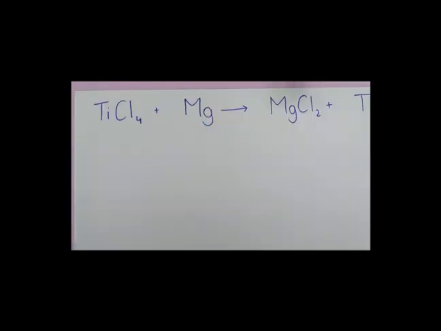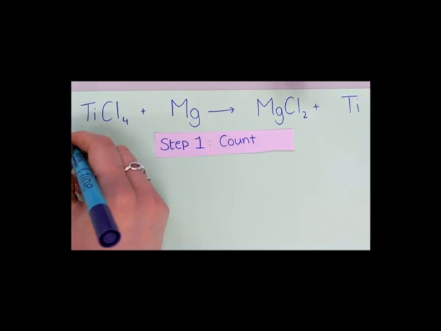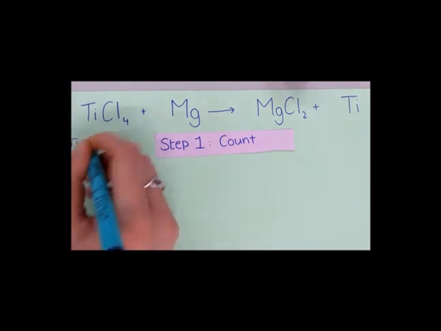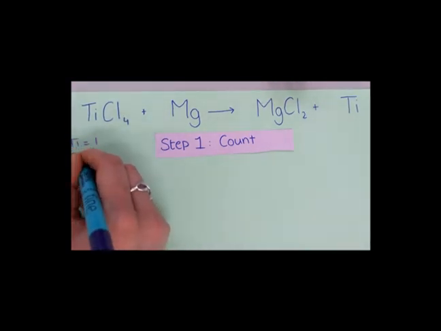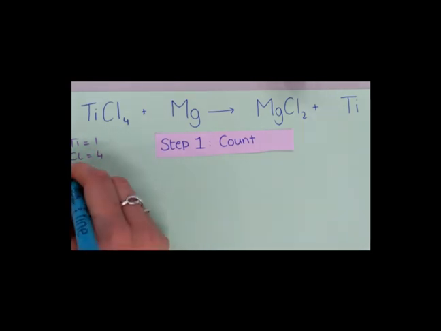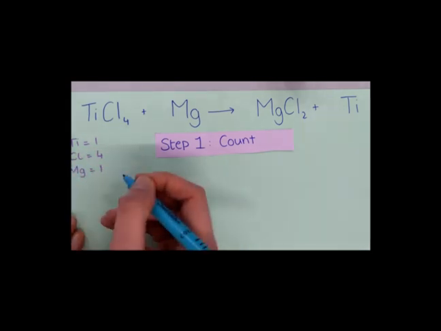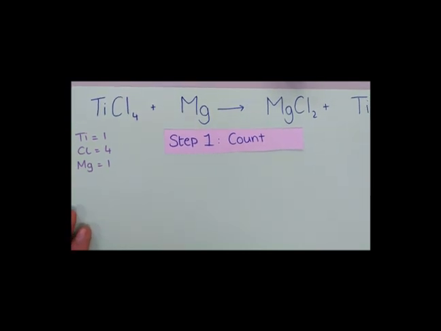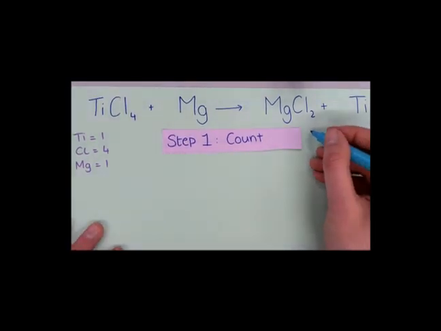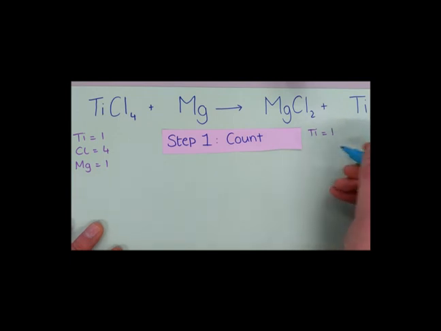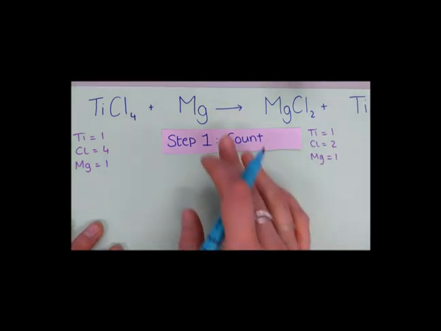Time for another one. So, just like before, I'm going to start off by counting up my elements, only this time I've got 3 of them to worry about. So, I have got 1 titanium, 4 chlorine, 1 magnesium, and then over here, I've got 1 titanium, 2 chlorine, and 1 magnesium.